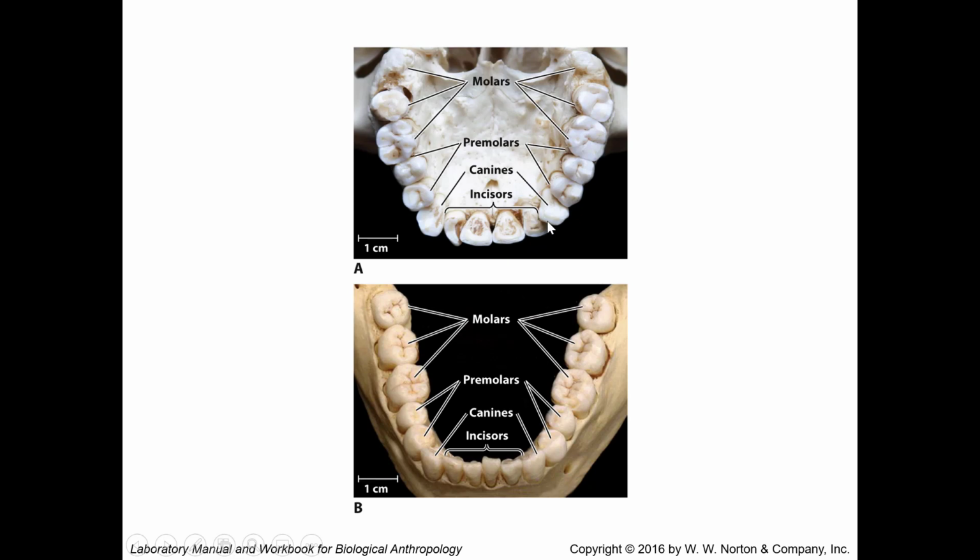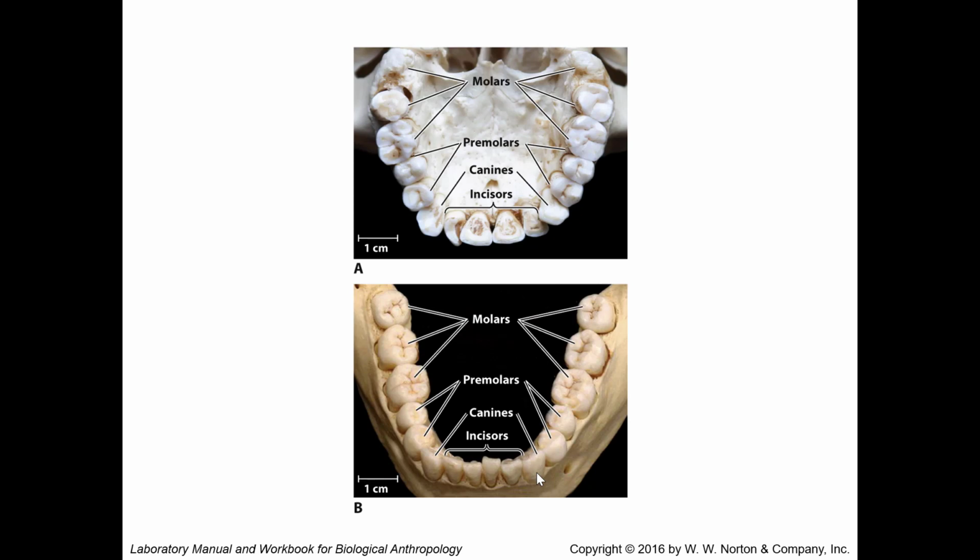Then you've got our canines, right? So right here, and then on the lowers, right here, and right here. Our canines in some animals, such as our carnivores, are used for shredding. However, in our primates, it's very important to see canines as an indicator for social organization and often sexual dimorphism.